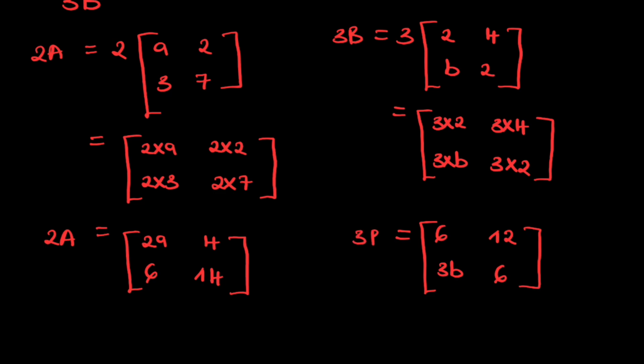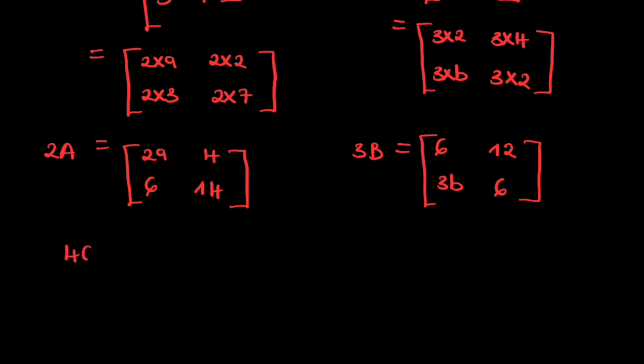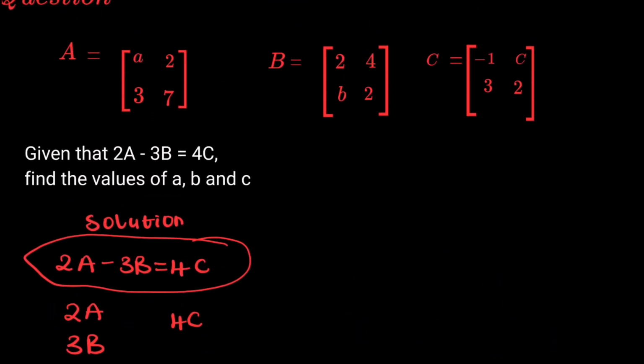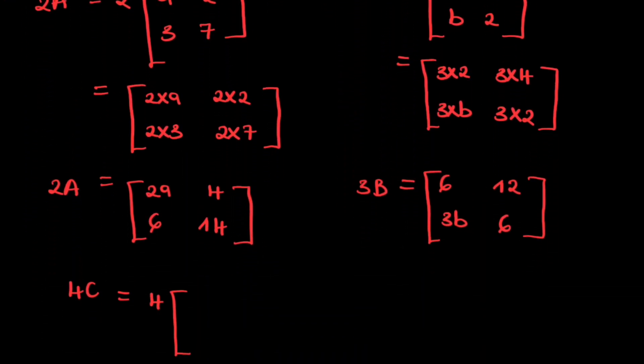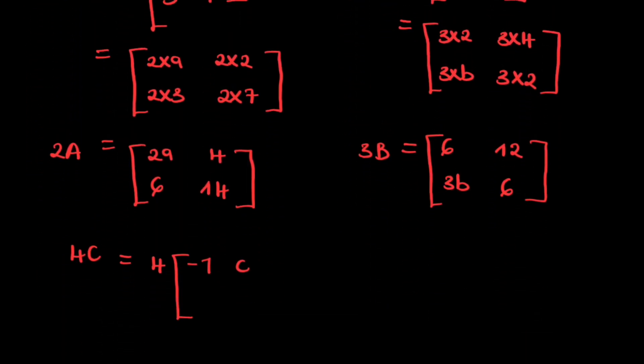Now let us also find 4c. So the same thing, it is 4 times the matrix C. What is the matrix C? Minus 1, c, and 3, 2.